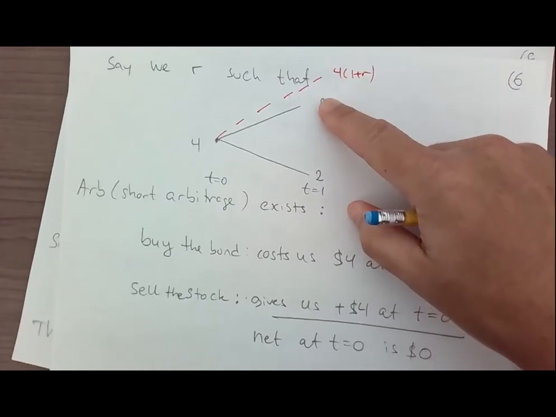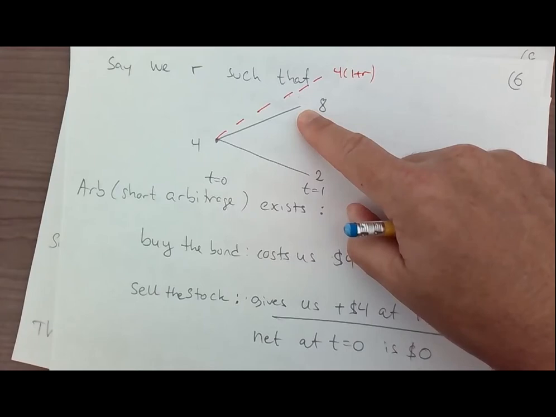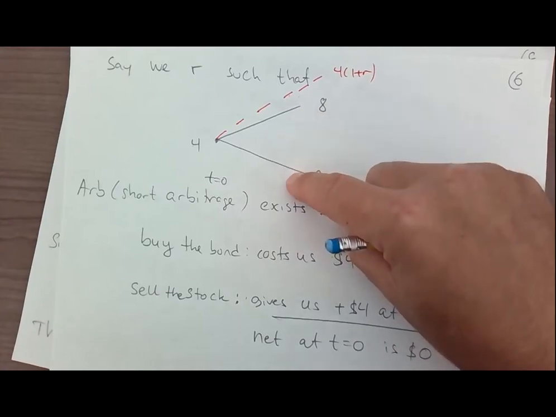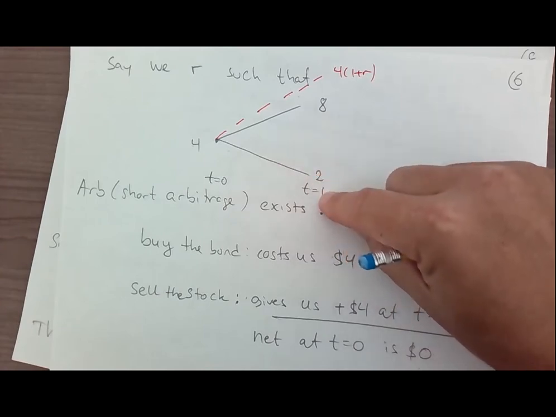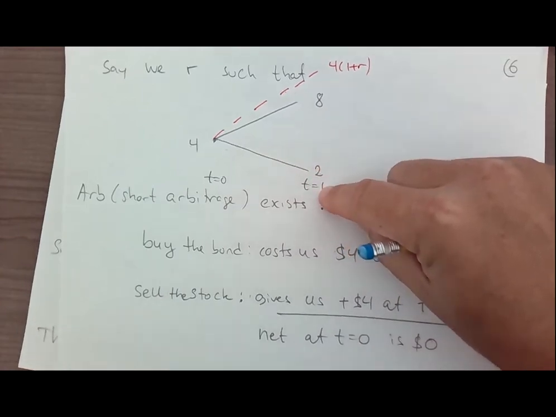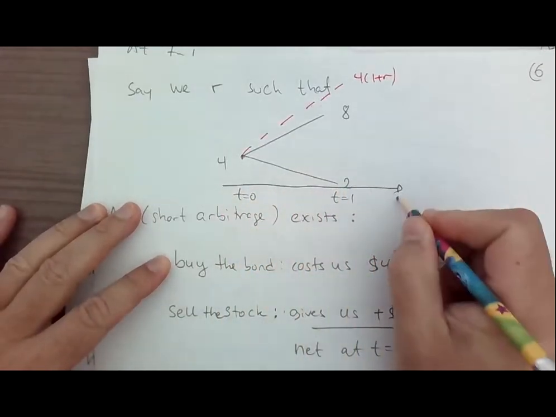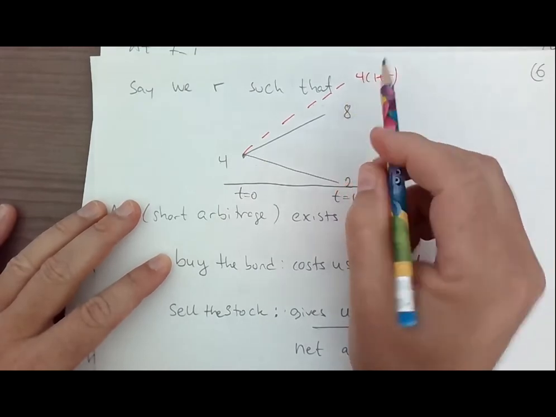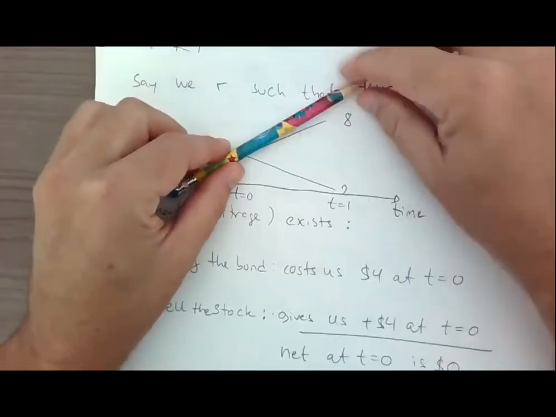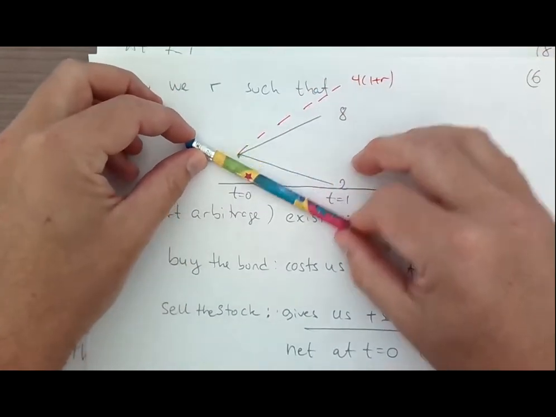You say you don't want that dotted line to go below T equals 1, but you want it in between. When can it go below T equals 1? I mean, T equals 1 is just a time point, right? This is on my time axis here. This is time. Yeah, but the dotted line, you were saying something about drawing the dotted line between 8 and 2, but you don't want it to go below 2.